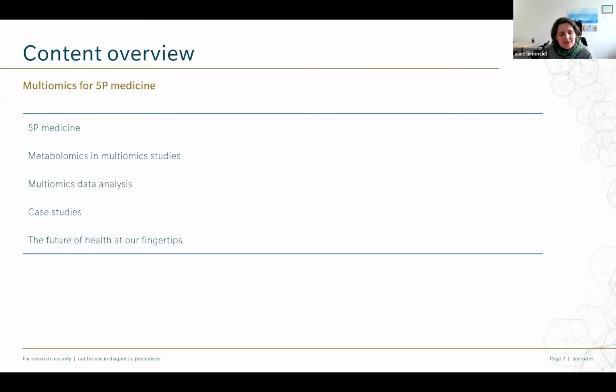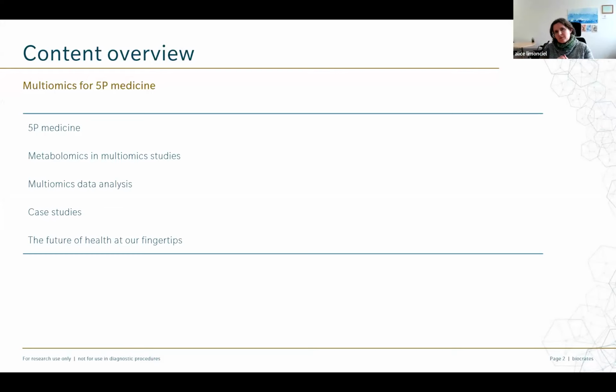As I mentioned, I will introduce the concept of 5P medicine, and then we'll look specifically at what metabolomics brings to multiomics studies. We'll also take a look at how to do multiomics data analysis, and then I'll finish with a few case studies, examples of how omics have been brought together in multiomics analyses.